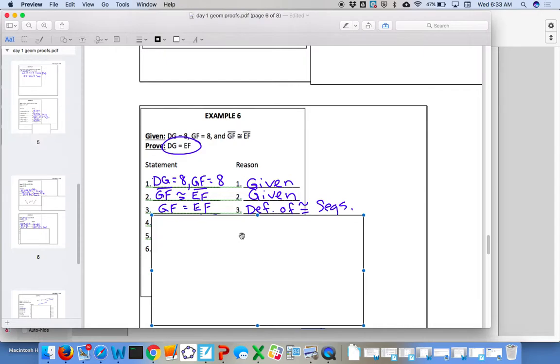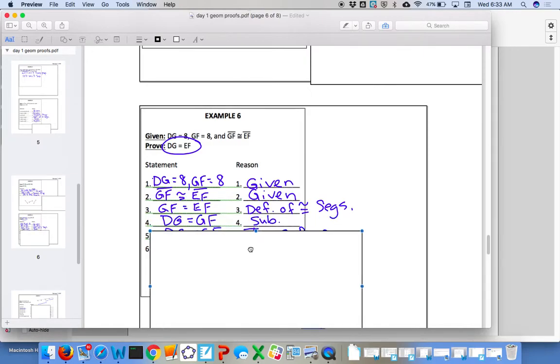So again, we have to make sure that if we're trying to do things with equality, that we change it from congruent to equal. So I can say that GF is equal to EF by definition of congruent statements or segments. And then I can use substitution. So if DG and GF both equal 8, then they have to equal each other.